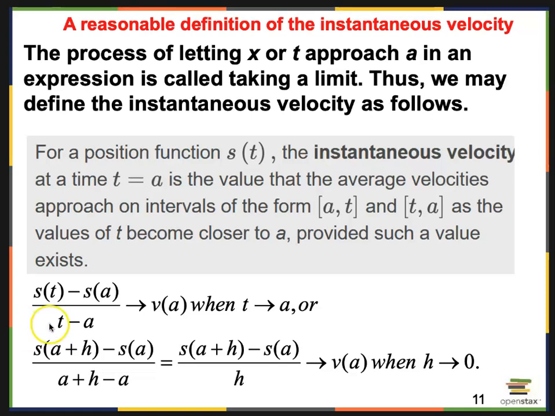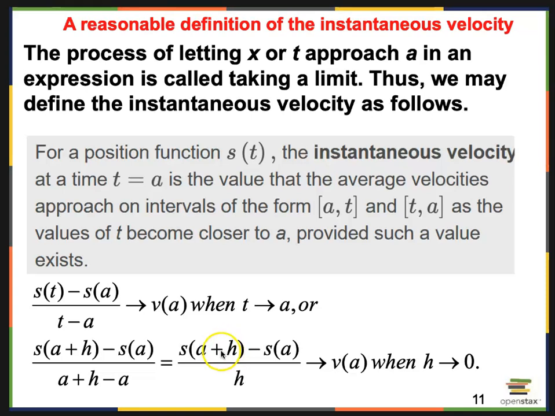All right, so we have s of t minus s of a over t minus a, where v of a, the velocity, is the limit as t approaches a. So as t gets closer to a, that's what we're talking about, as t gets really close to a. Or you may see it written as such, where we have s of a plus h, so again, this value is getting close.